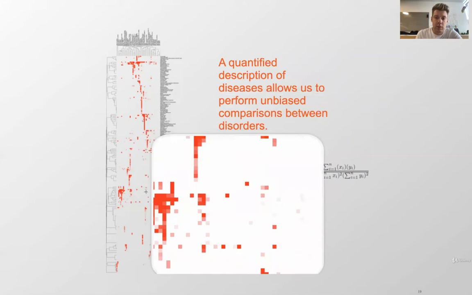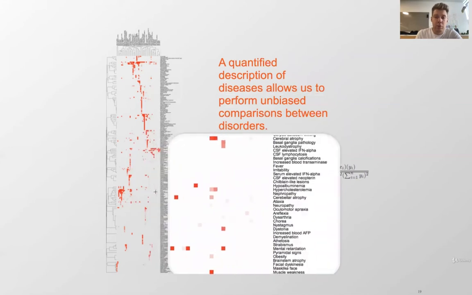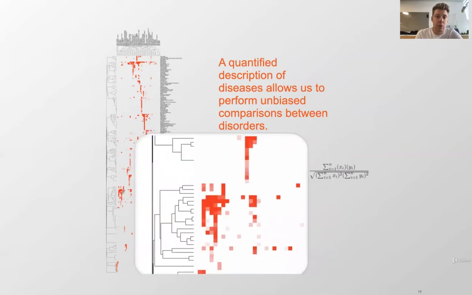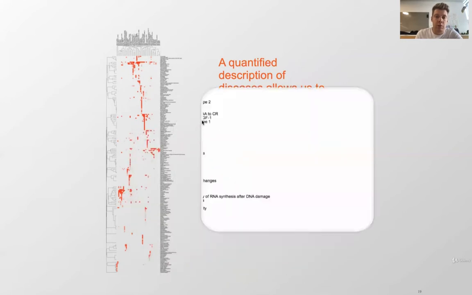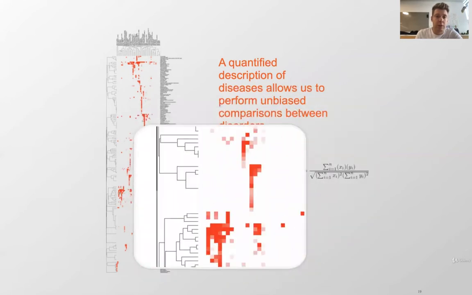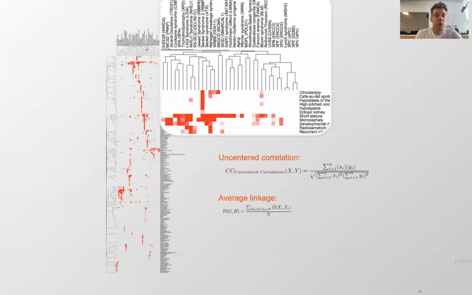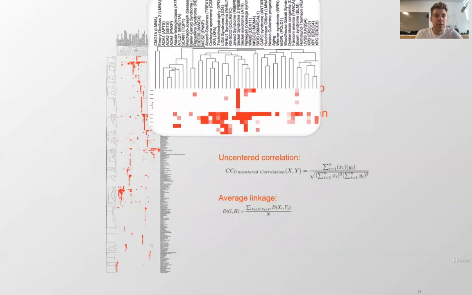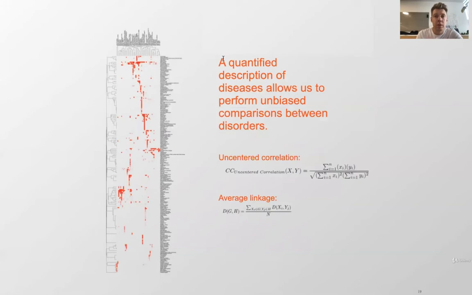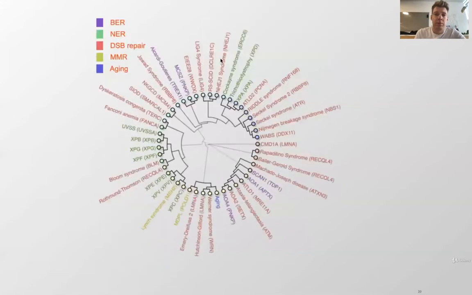Features such as the neuropathology features, cerebral atrophy, ataxia, neuropathy, also associate with each other. So we can figure out how the different features associate with each other, but we can also figure out how the different diseases associate with each other, because there's no real good understanding why a certain type of DNA damage leads to a certain type of pathological outcome.